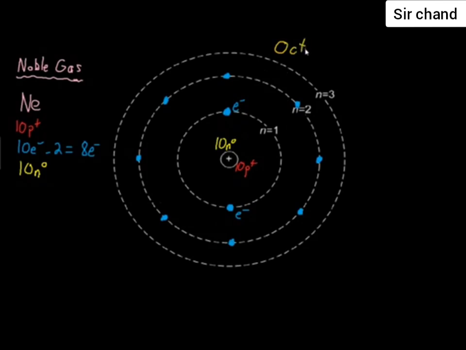An octet is when all 8 valence electrons fill the outermost shells on an atom and cause it to be what we call in chemistry an inert gas. In this case, neon's a gas, so it is inert, meaning it cannot react with anything readily.